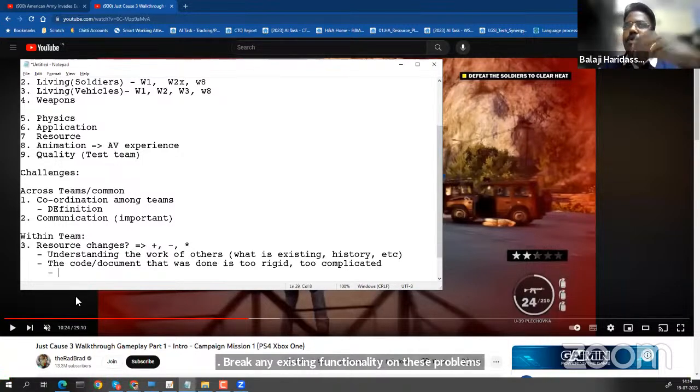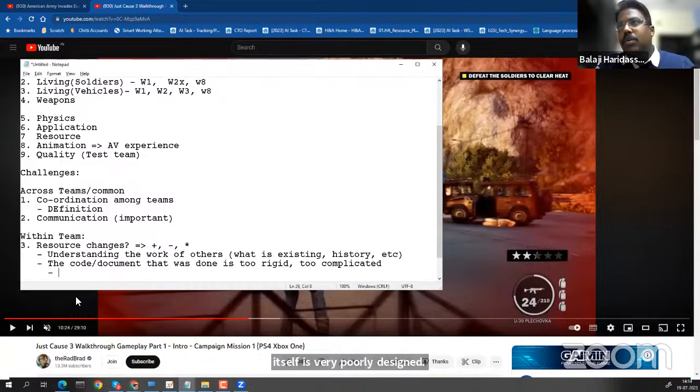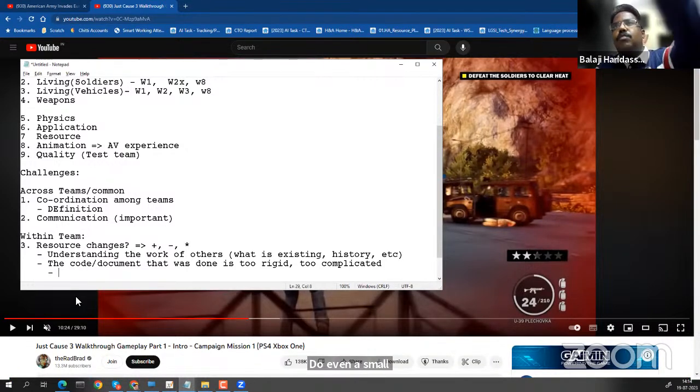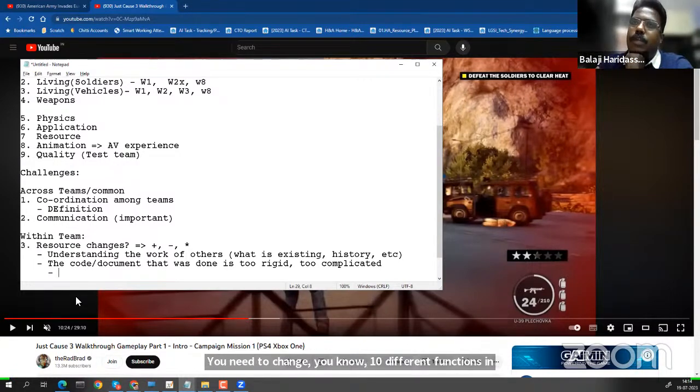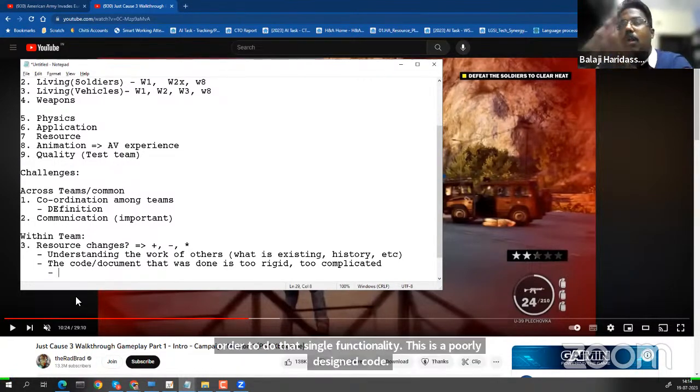That means the previous person has documented well. The previous person has explained the code well, but the code itself is very poorly designed. Why is it poorly designed? When you want to do a change, even a small change, you have to write 100 lines of code. You need to change 10 different functions in order to do that single functionality. This is poorly designed code, which is creating a lot of headaches, even though you know about the code.